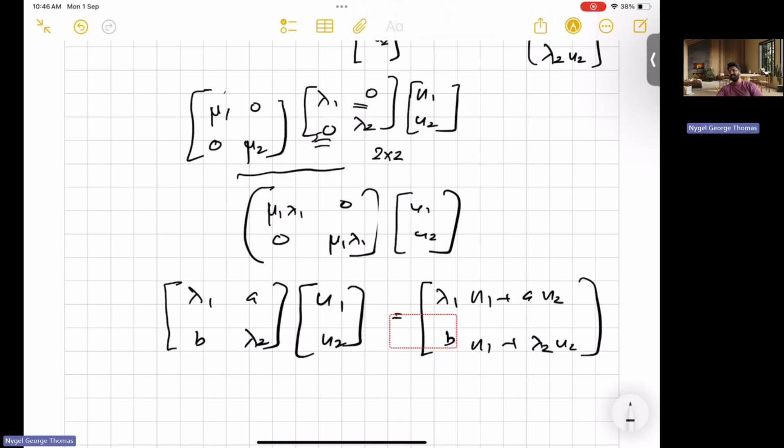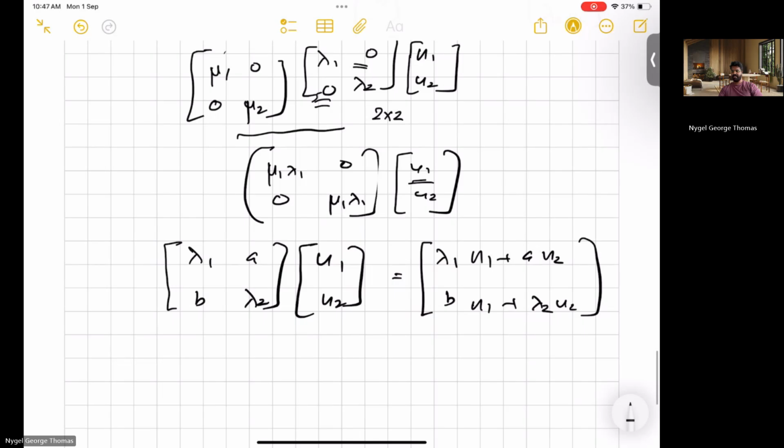What does this do? There is some kind of a cross connection, right? Here we're just using a scaling which was dependent only on u1. But here, along with u1, the vector got scaled by lambda 1 times that particular vector. Along with it, we have actually added a scaled version of the u2 component of that vector also to it.